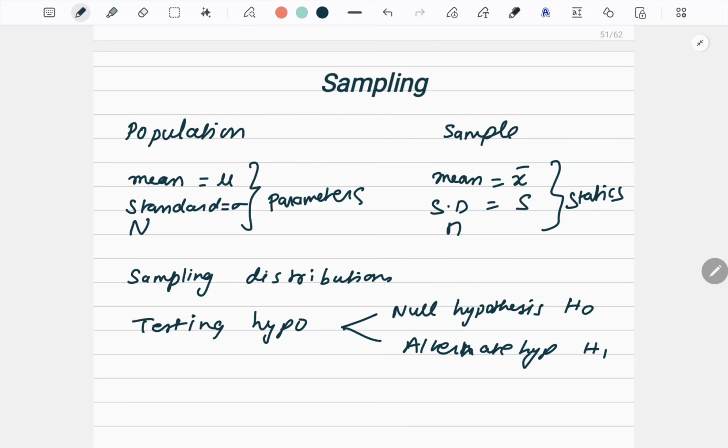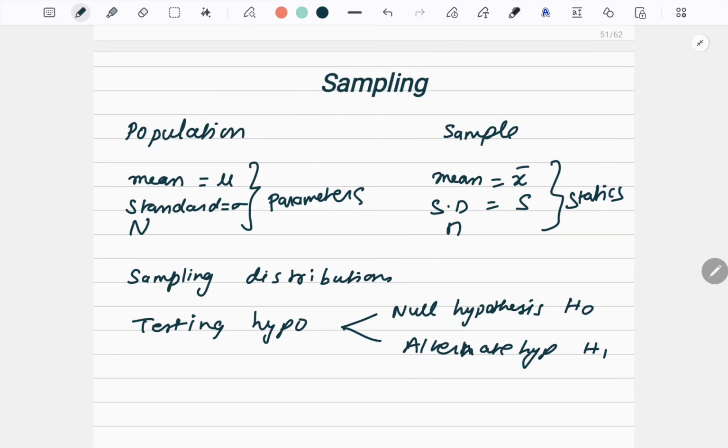I am saying, suppose I have rejected the hypothesis that the CGPA of New Horizon College students is 9.2, but actually it is true. So it is an error of type 1. In the same way, if the hypothesis is false, suppose I say the CGPA of a New Horizon College student is 5, which is wrong, but because of the sample selected, I came to a conclusion that it is true.